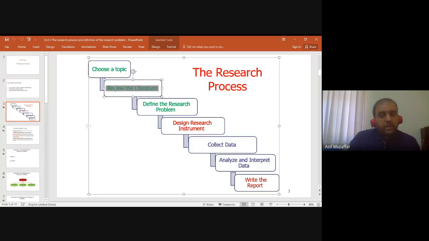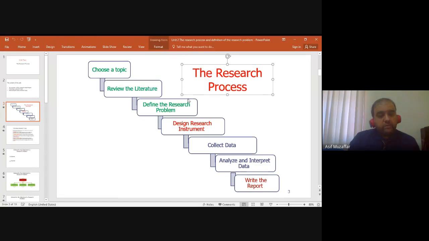Then the important thing is reviewing the literature. Okay, what is that? For choosing a topic, you can choose any topic. It doesn't matter that you are from the biotechnology side and have to find a research problem related to biotechnology. No. You can have any problem in your mind on which you think research is possible.